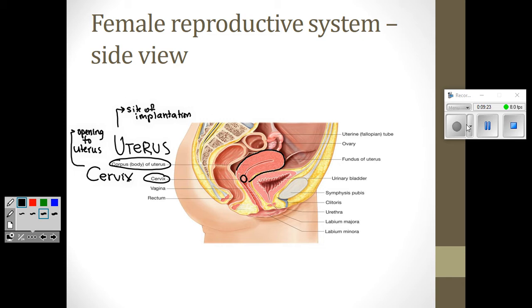The next structure, and I'll just highlight it here, sort of this pathway leading towards the outer environment, that is the vagina. Now we said on the last slide, or I asked you, why does the sperm need mucus and alkali fluid? This is the main reason why.